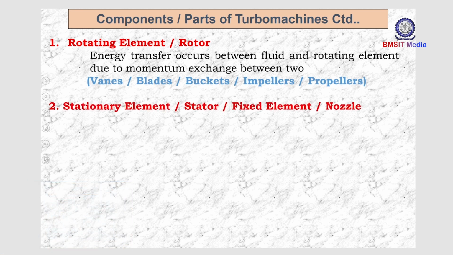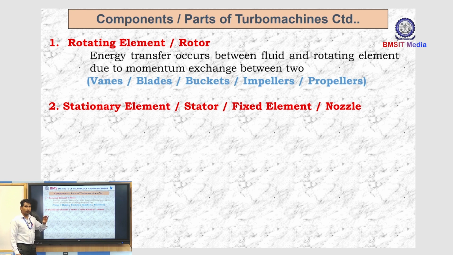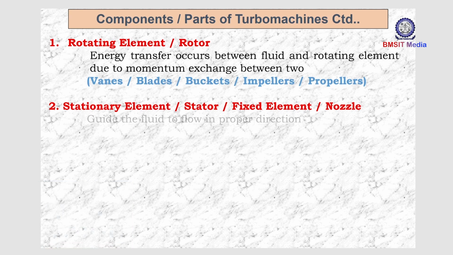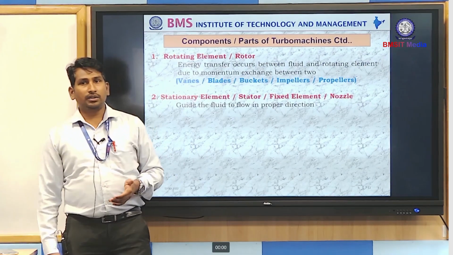The next part is not so important or mandatory, but it is required for a few of the turbo machines. The name of the stator is stationary element, or fixed element, or the nozzle. What is the function of a stationary element?